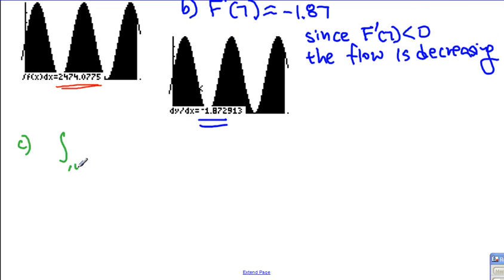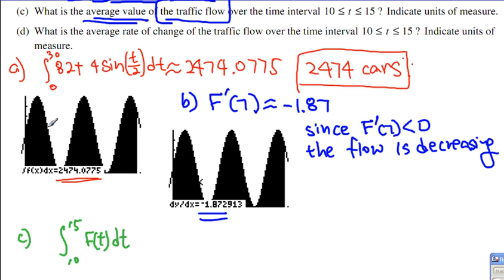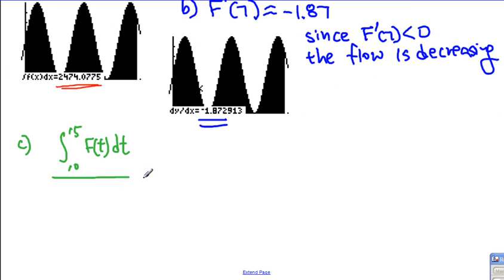So we have the integral from 10 through 15 of the function f of t dt. I'm just going to use f of t in place of all these things instead of writing it every single time. And then by the formula for the average value, we have to divide by 15 minus 10.